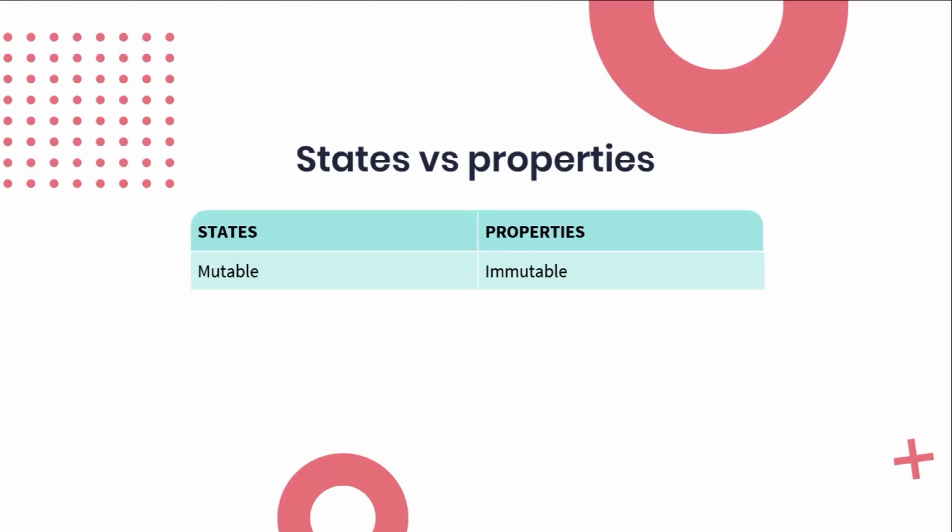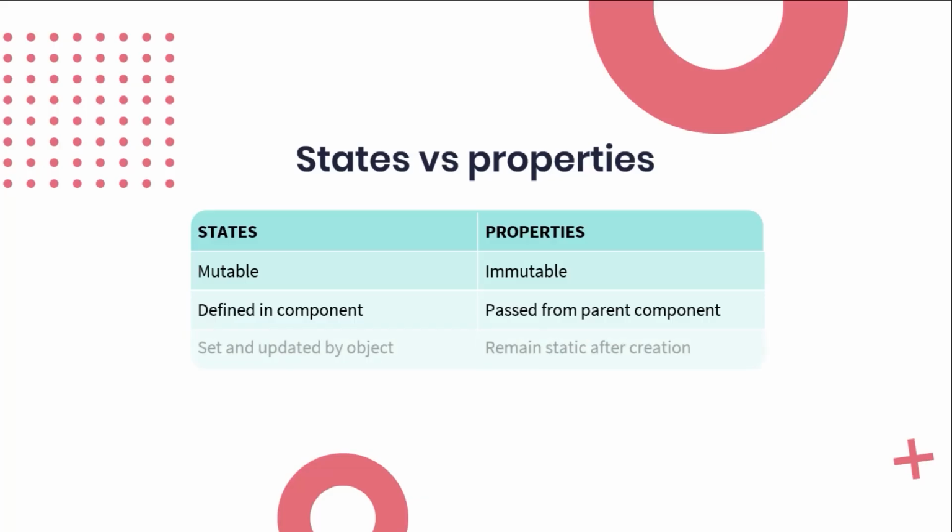Another difference is that you pass properties from parent components, whereas you define states in the component itself, not its parent. The philosophy is that you can only change the value of a property from the parent and not the component. So properties determine the view upon creation, and then they remain static. They don't change. The state, on the other hand, is set and updated by the object.